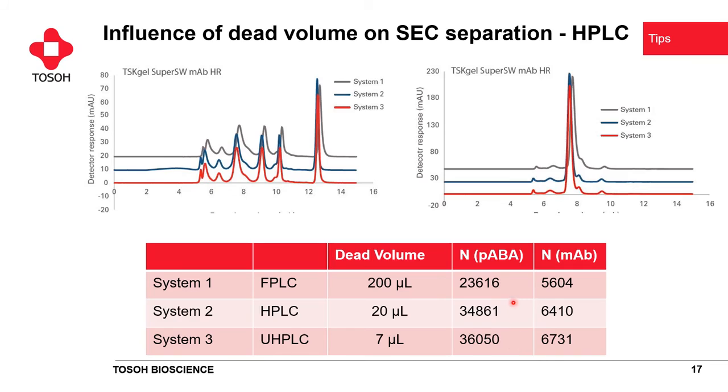And this also gets clear if we look at the plate numbers for the last peak, which is much higher for the UHPLC system as compared to the high dead volume FPLC system. Similar results we find for the monoclonal antibody. Again, better separation. In this case, we can see it clearly in this shoulder, and also higher plate numbers for the monomer of the monoclonal antibody.